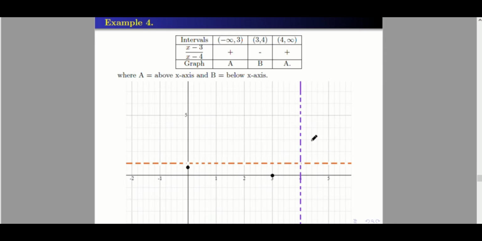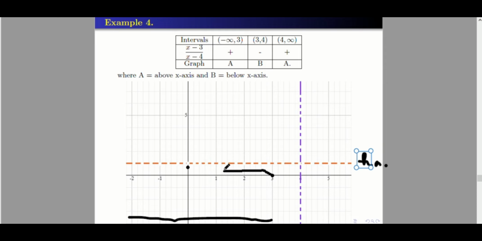So we have here our partial graph from a while ago. This is a horizontal asymptote, meaning the graph will not cross or even touch this one, from negative infinity to positive 3. So here, you must draw the graph above.